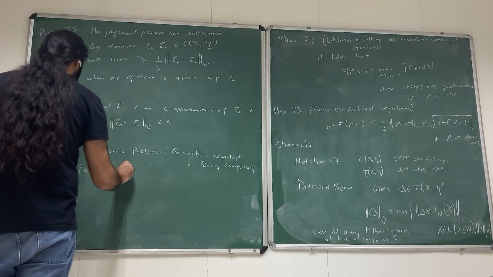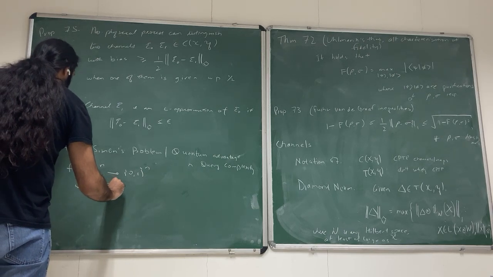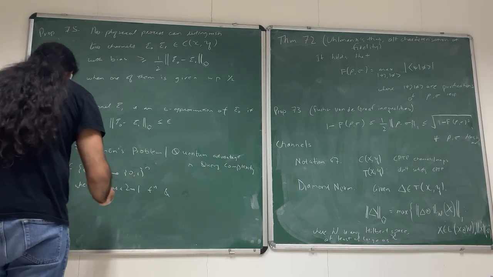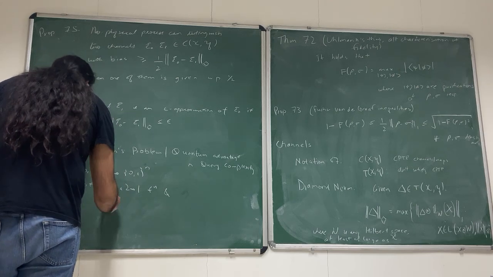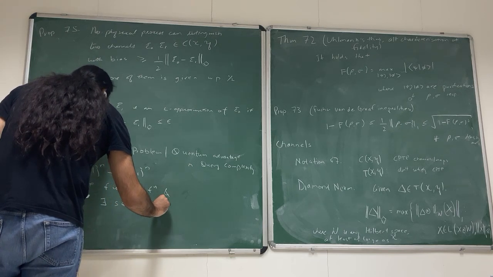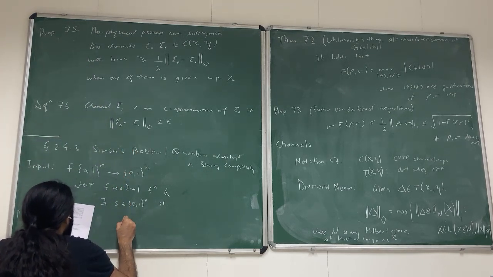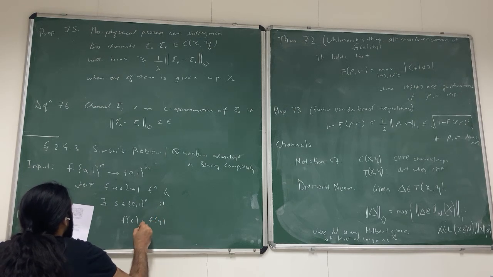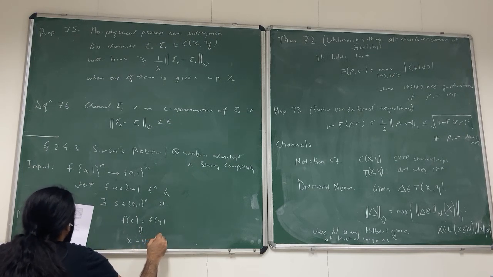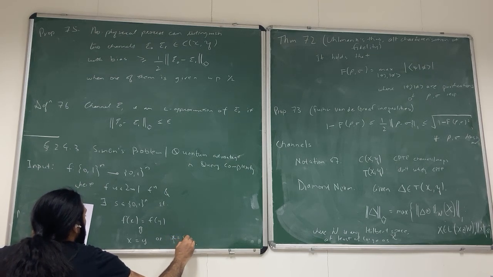Say given f from {0,1}^n to {0,1}^n, where f is a 2-to-1 function, and there exists a string s in {0,1}^n such that f(x) equals f(y) if and only if x equals y, or x equals y XOR s.